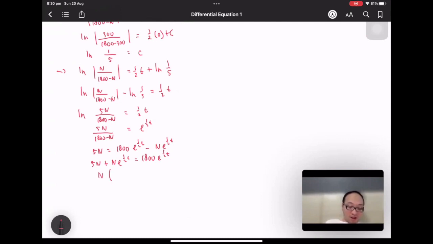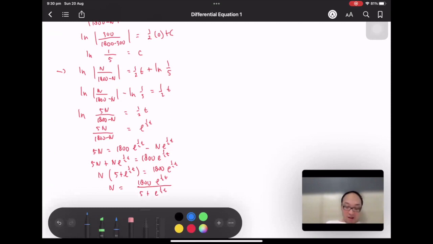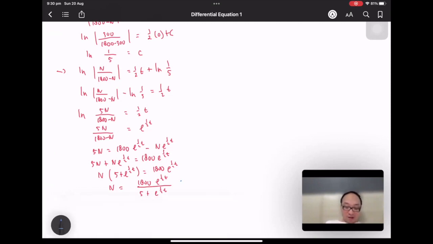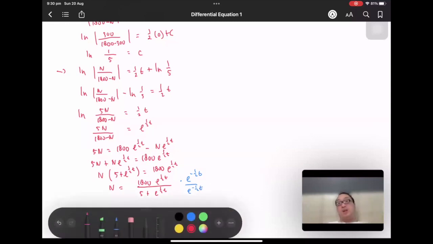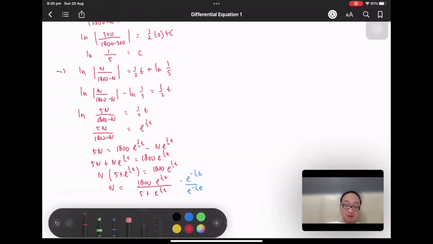So n(5 plus e half t) equals 1800 e half t. So n equals 1800 e half t over 5 plus e half t. And then we have to multiply by e minus half t over e minus half t to remove the e on the numerator. So we can answer question B later on.